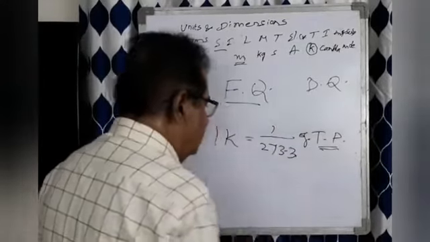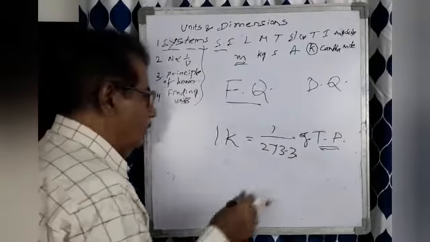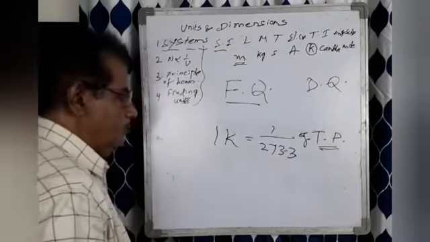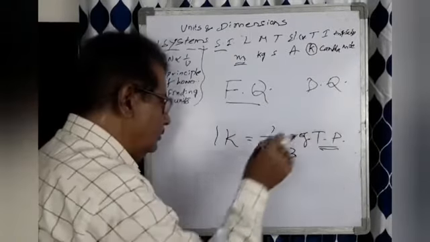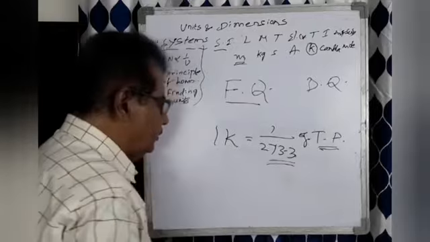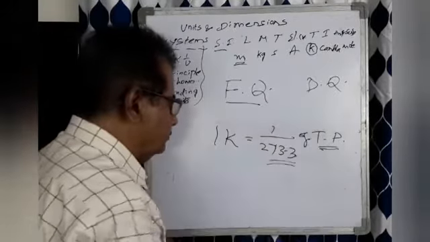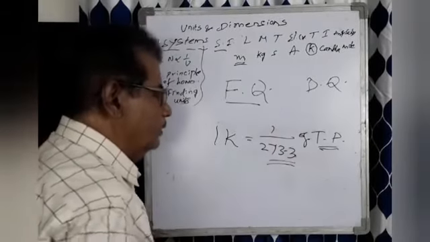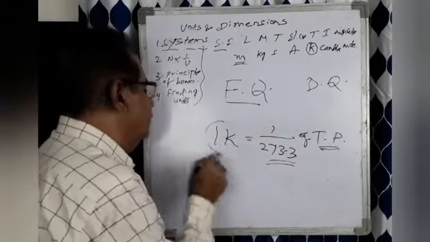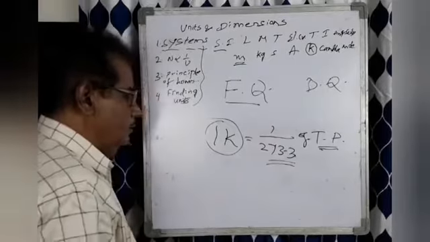I said just simply triple point. And that is a particular temperature. And at that temperature, 1 by 273.3 of that temperature, what is called the triple point of water, is equal to 1 Kelvin. What is triple point?